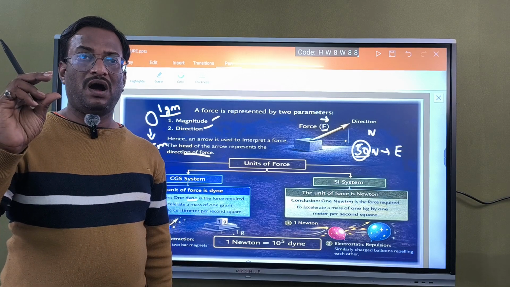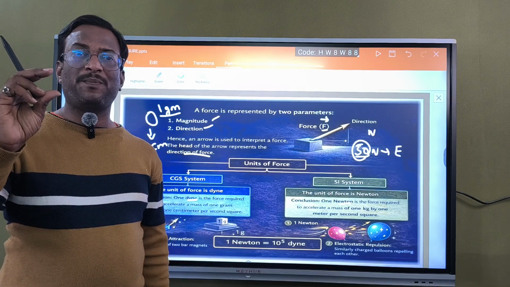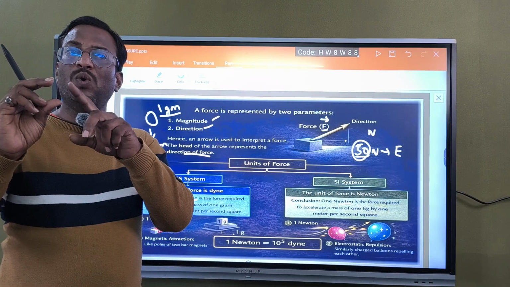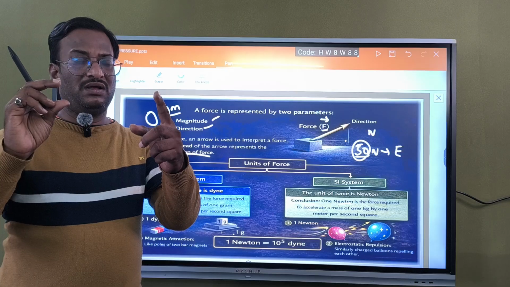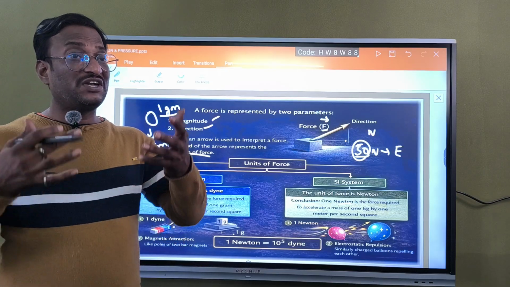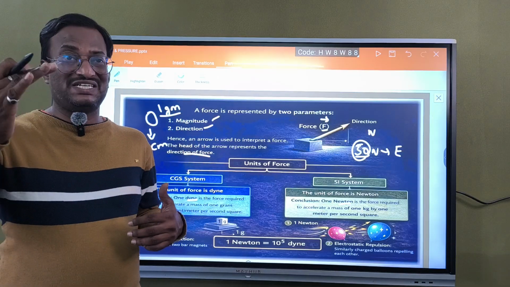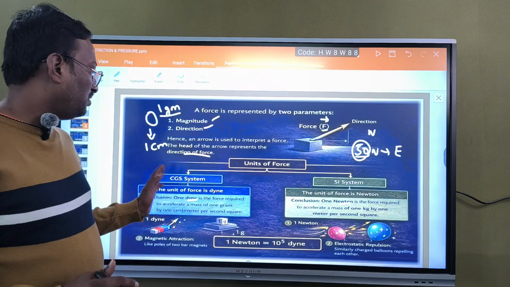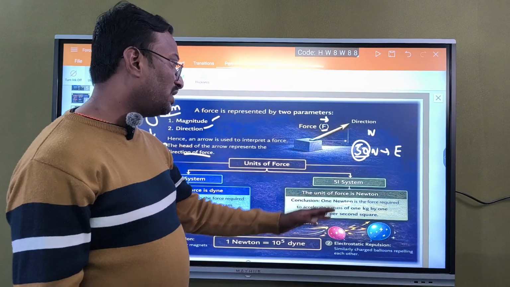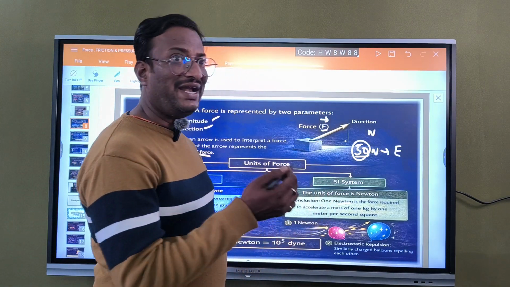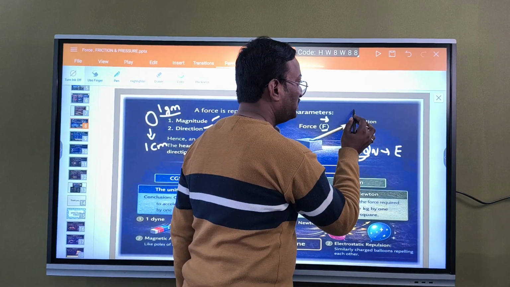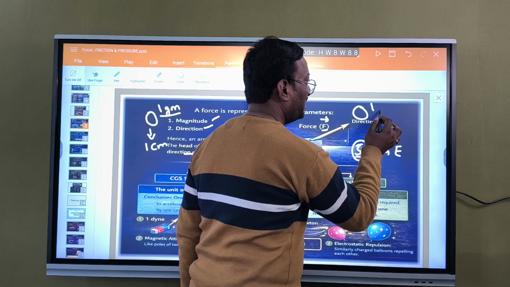If you apply some force on that body so that it moves 1 centimeter with the application of the force, the force that we applied at that particular instant is called 1 dyne. Similarly, what is the Newton? Newton is the force to accelerate a mass of 1 kg. Here we have considered 1 gram. In case of Newton, we consider 1 kg mass.